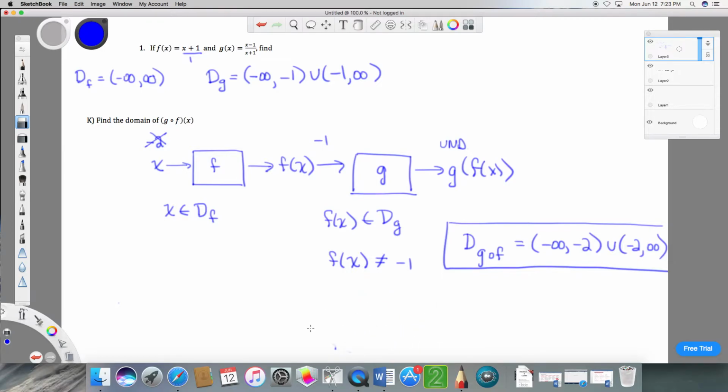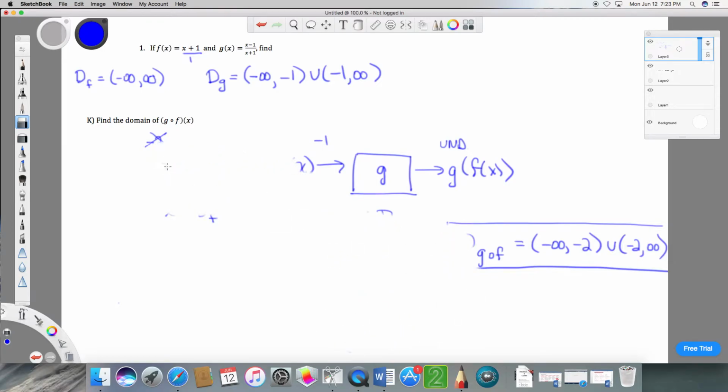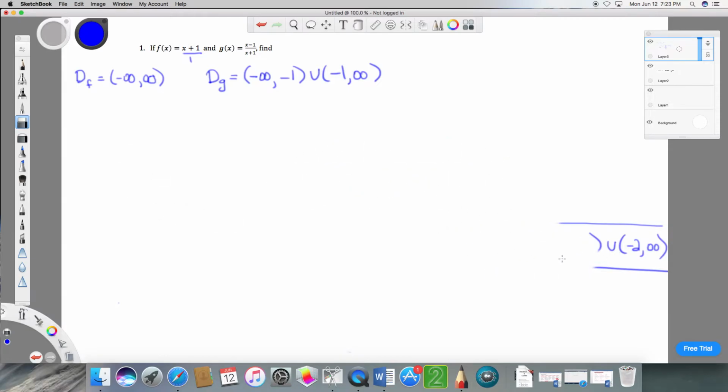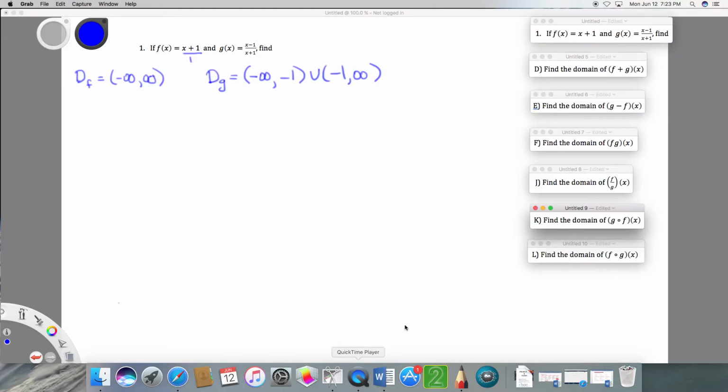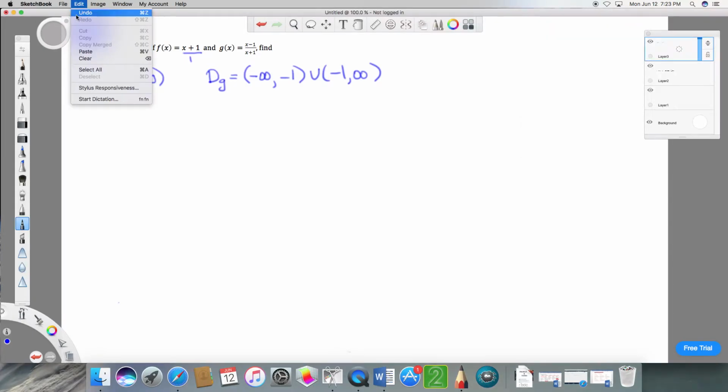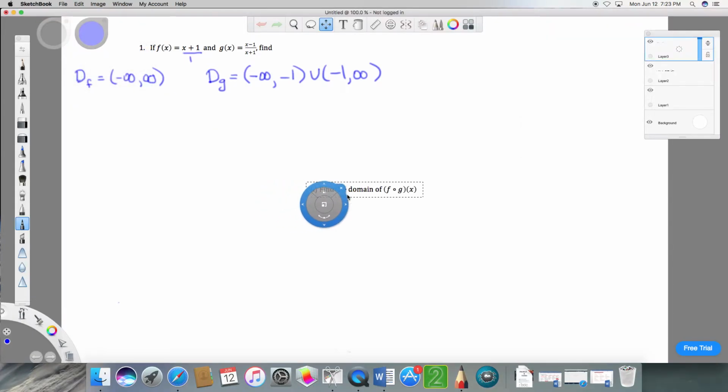Let's erase it and do this next part, which I believe is the function composition just in the different order. Yes, we're finding the domain of f composed with g. So I don't need the expression for f composed with g.